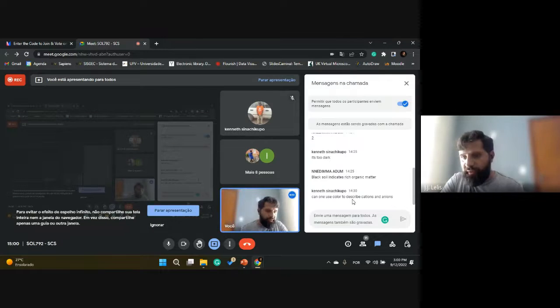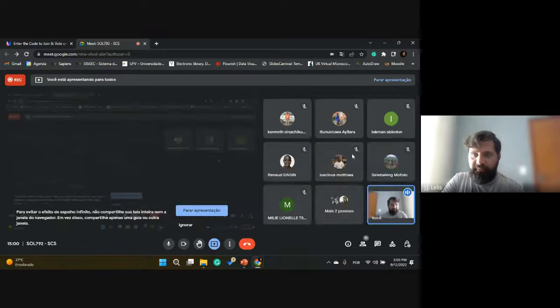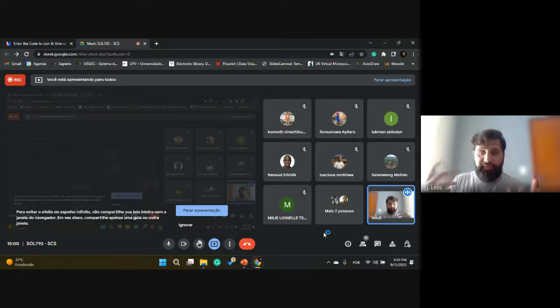Oh, okay. I saw here if you can use the color to describe cations and anions. Sometimes it's not so easy to do that because some cations have the same color and some anions have the same color. If you compare goethite and jarosite, both are yellow.